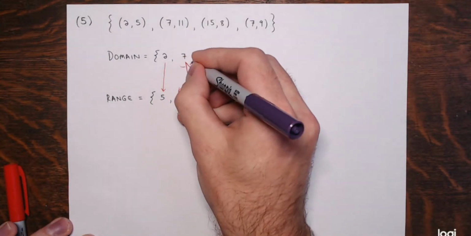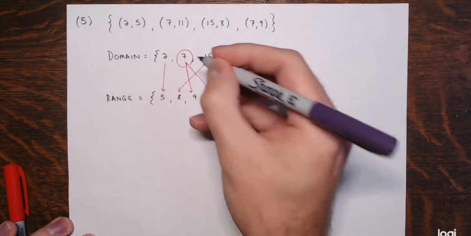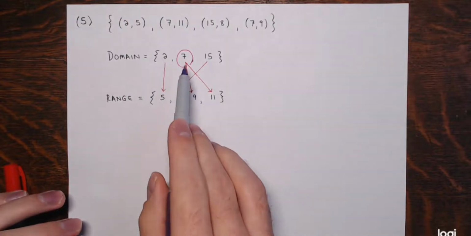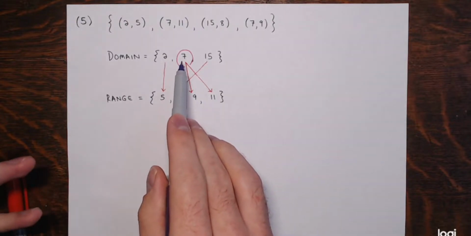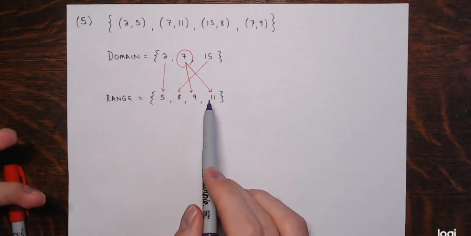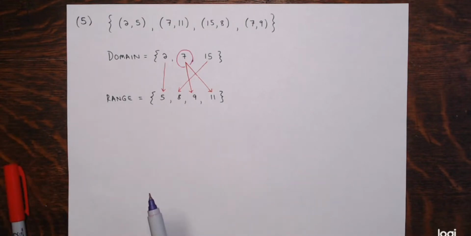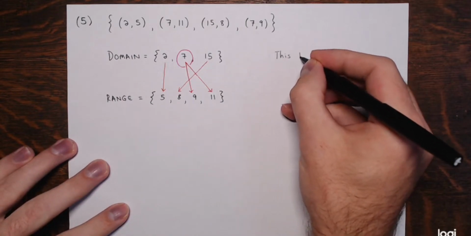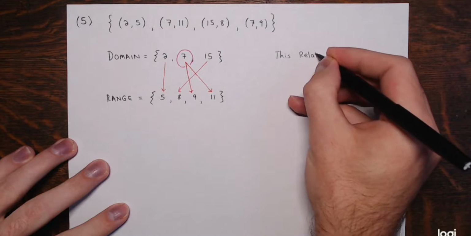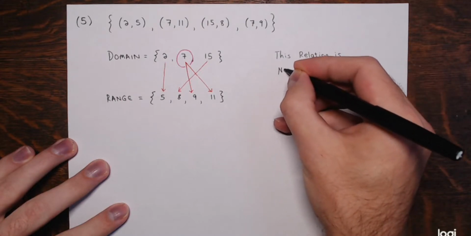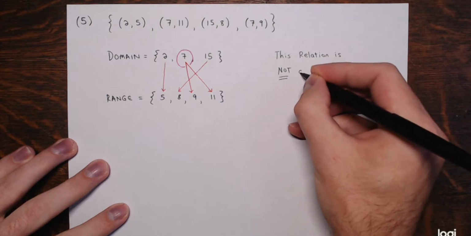That's a problem, right? 2 arrows coming off of 7 from the domain. So there's a value of the domain that doesn't correspond with exactly one value of the range. It corresponds with more than one value of the range. So once again, this relation is not a function.